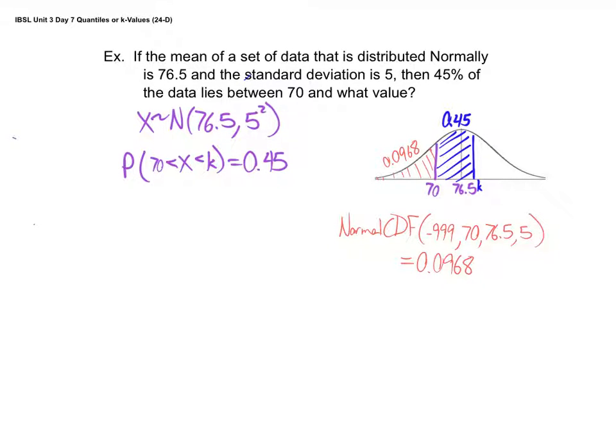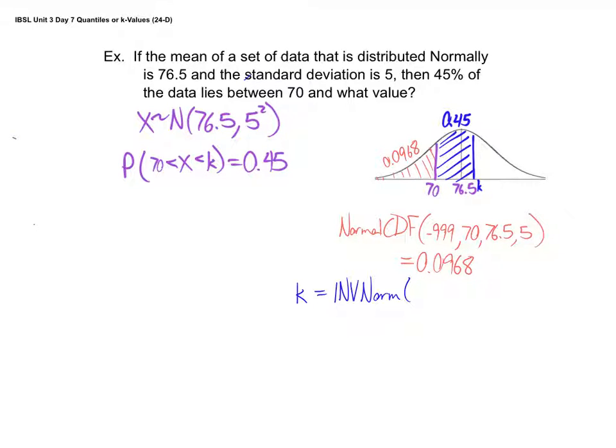Okay, now here's where we're going to use the inverse norm. So what we found, that's the area below 70, right? And 0.45 is the area between 70 and K. That's correct. So we're going to find K by using the inverse norm, and what area are we going to put in?